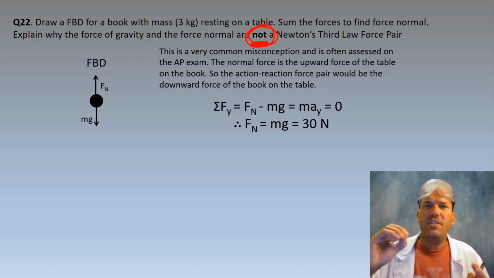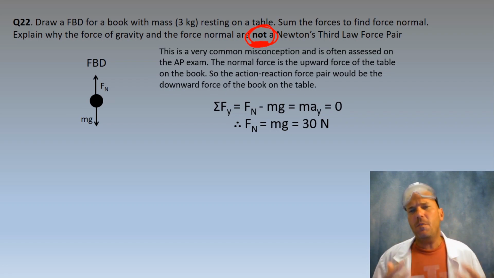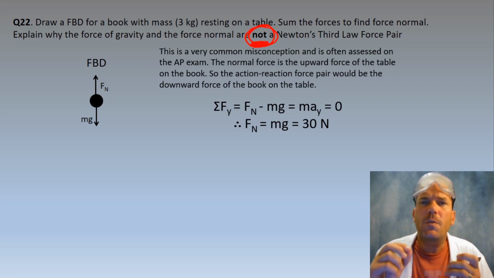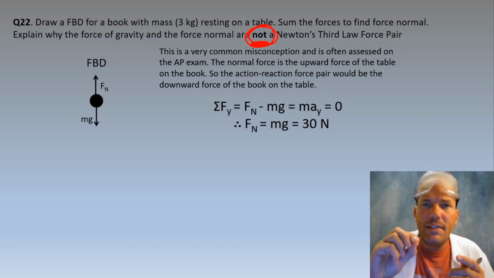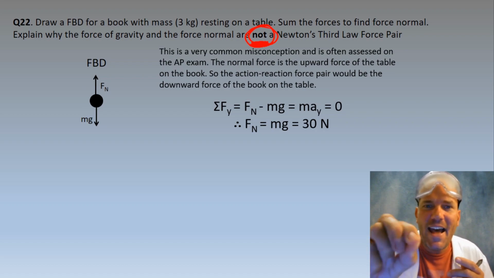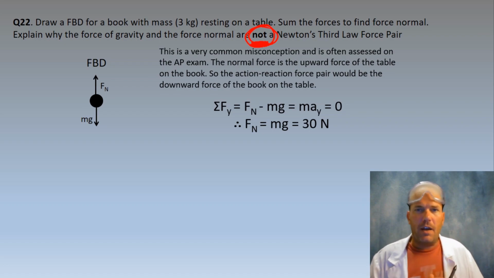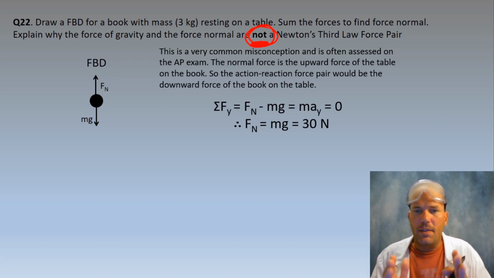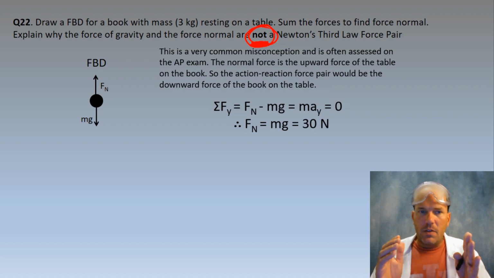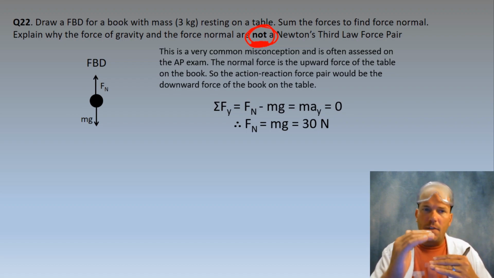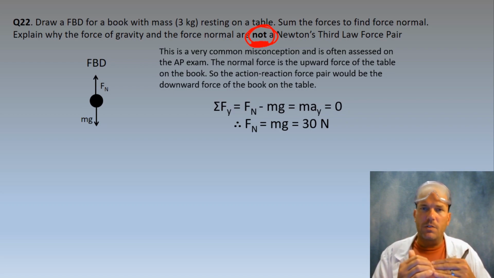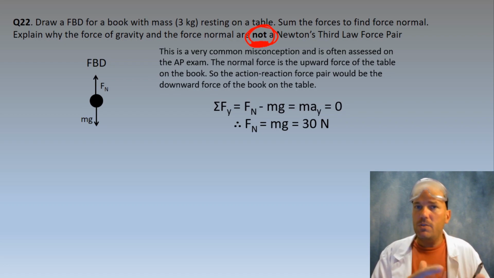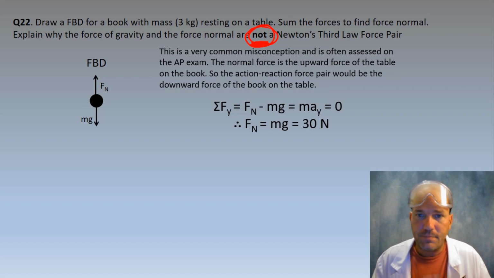So the action-reaction force pair, the Newton's third law force pair, would be the downward force of the book on the table and not the force of gravity. Okay, think about that. So the table exerts an upward force on the book, and the book exerts a downward force perpendicular, and that is on the table. Those are the Newton's third law force pairs.